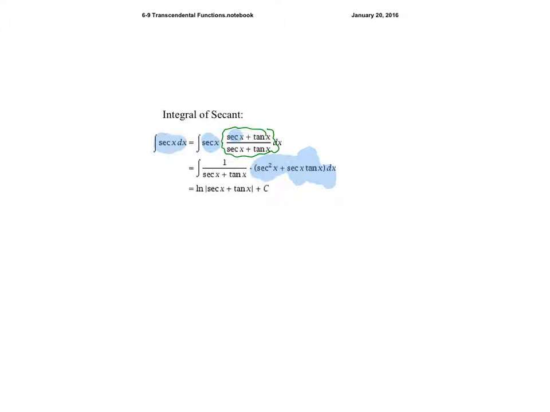There's a lot of work missing right here, so let me just go ahead and write down so you know what I'm talking about. The integral of secant isn't clear, but there's a mathematical trick. If you were to multiply by a fraction where you have secant plus tangent on top and bottom, you would end up getting essentially what it shows right here. You want to combine the top, and then the bottom is right there.